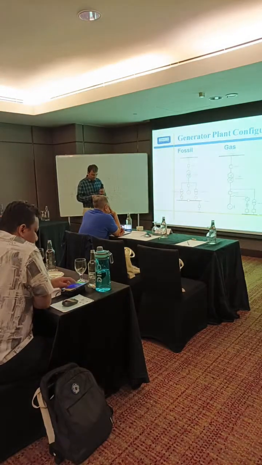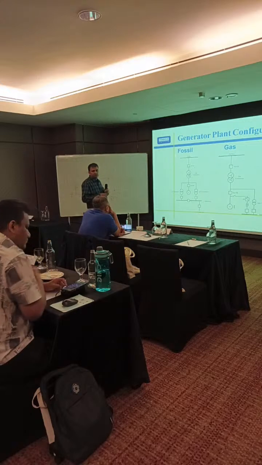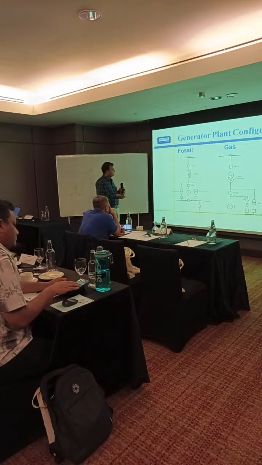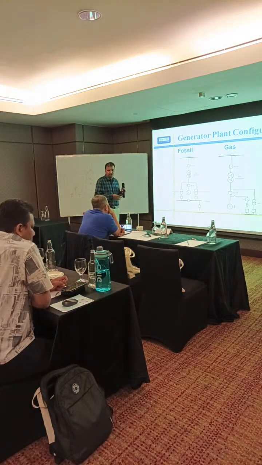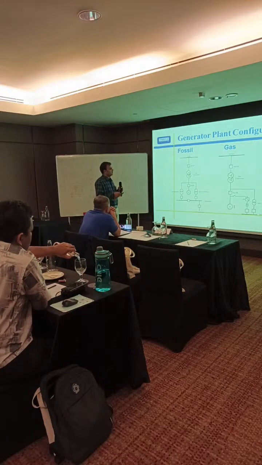We can see here, these are the thermal plant schemes. It is just an example; different plants have different arrangements, but this is the general arrangement what we can see.